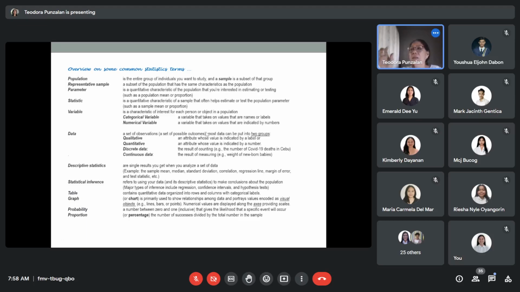But when we say variable, we mean the characteristic that will yield us that categorical data or numerical data. So when we say categorical variable, it is a variable that can be measured with names or labels or categories. A numerical variable is a variable that takes values that are numeric, in number form.